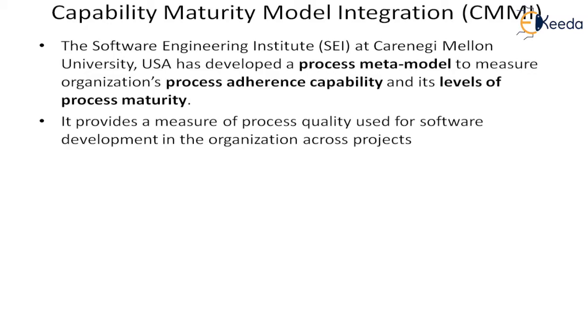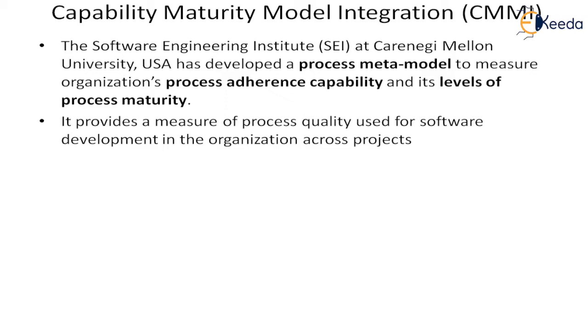So it's only a meta model, a kind of framework, and the framework is not for defining the process but for assessing how well an organization is adhering to the process and what is the maturity level in adhering to that process. It provides a measure of the quality of the process used for software development in the organization, which is measured across the projects.